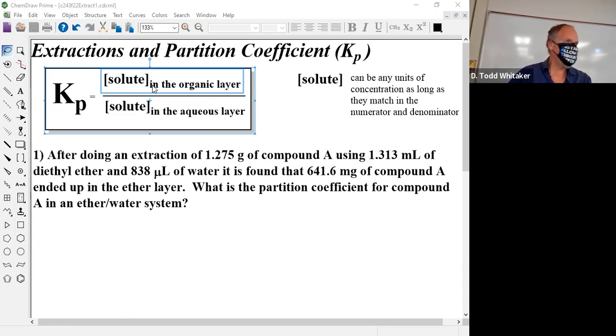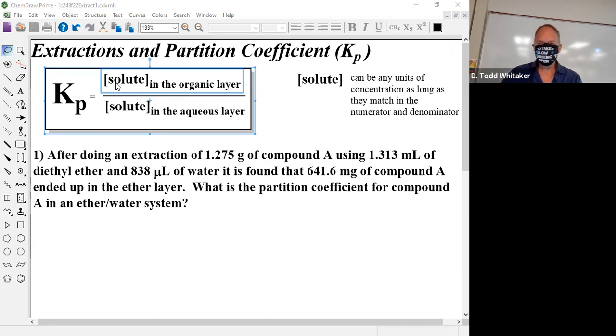In today's experiment, the organic layer is dichloromethane. In next week's experiment, the organic layer is diethyl ether. Both of those solvents are not soluble in water, and they're both non-polar, so they like dissolving organic compounds that are not very polar.